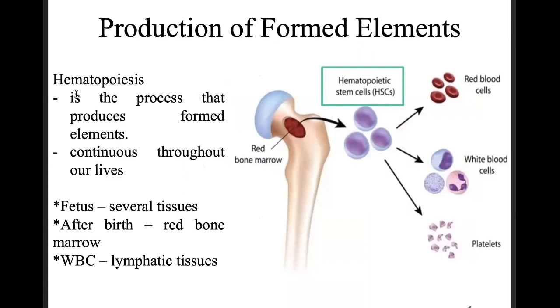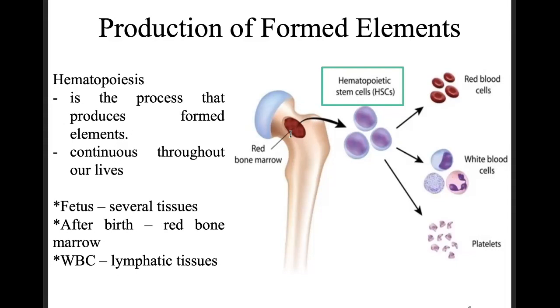It starts actually when we're still a fetus, being done in several tissues in our body. After birth, it is being produced mainly in your red bone marrow, just like what is happening here.